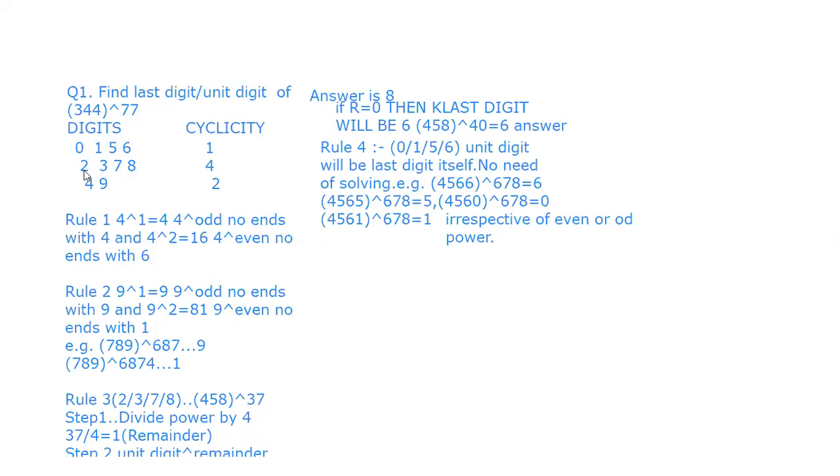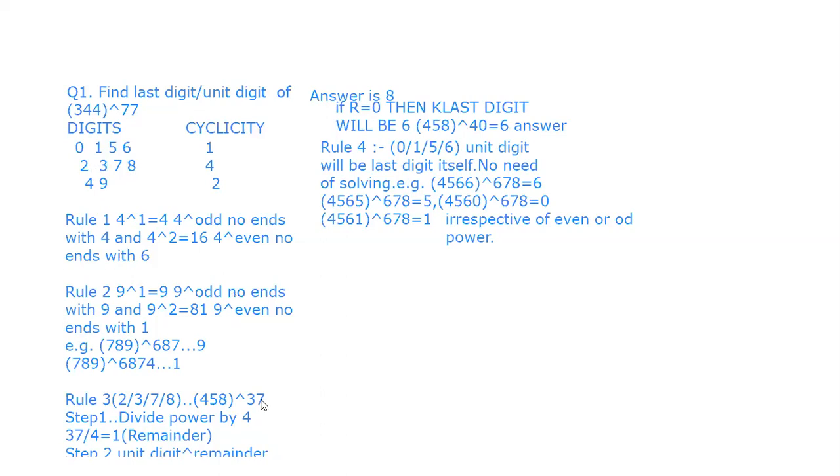As you can see, if the ending digits are 2, 3, 7, 8, cyclicity will be 4. Now one more thing you have to keep in mind: if remainder is 0, then last digit will be 6, in case of even numbers. I am talking only about 2 and 8.